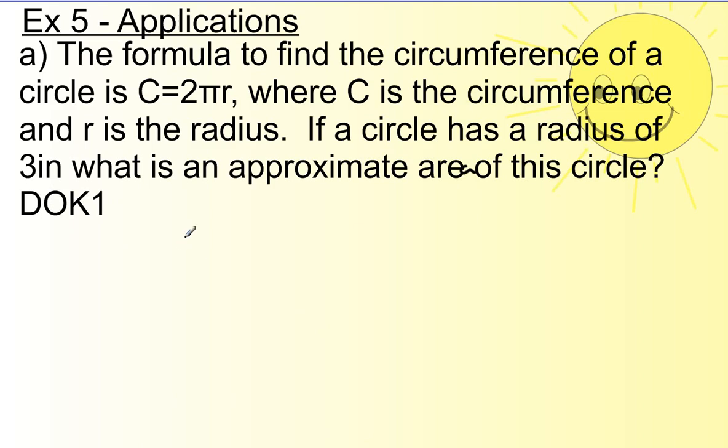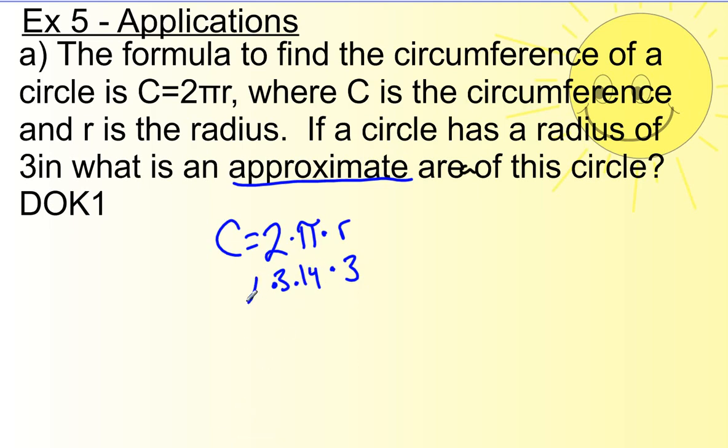Well, let's see. We're just trying to get an approximate, so I'm not going to pull out my calculator and get an exact answer. Circumference equals 2 times pi times the radius. And it says the radius is 3. I know pi is this 3.14 thing, and times by 2 equals the circumference.